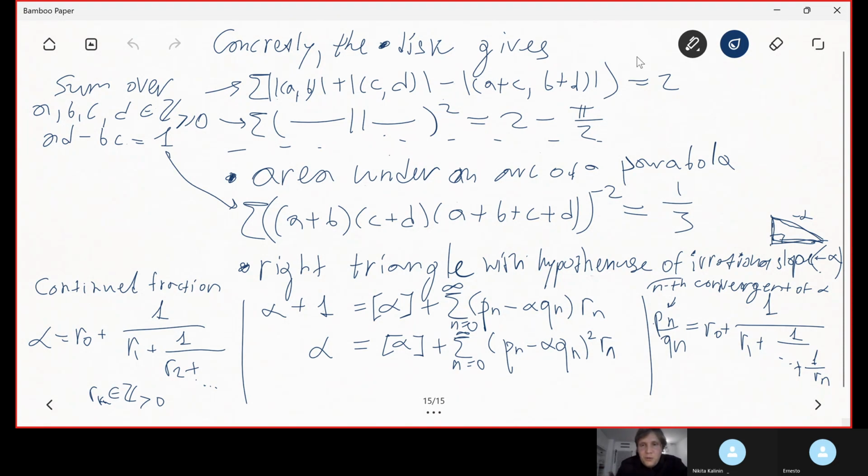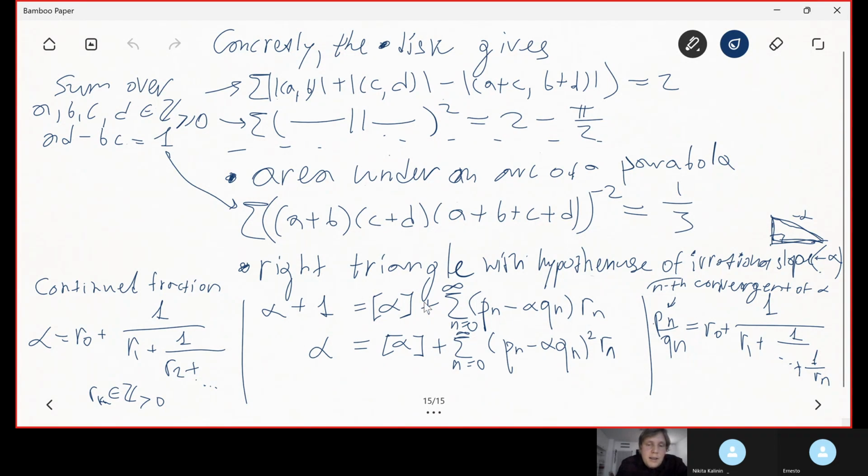So one gives you 2, the square gives you 2 minus pi over 2. This is the area. Similar formula for the area of the parabola. So we have never written it down, but we certainly calculated the perimeter, but I couldn't find it and I had no time to actually redo the computation.